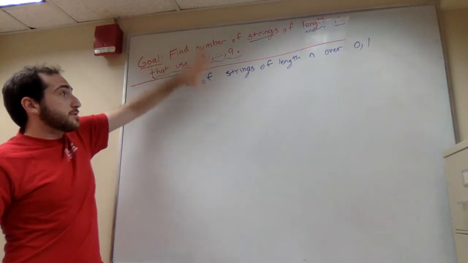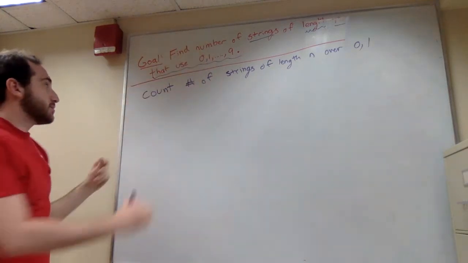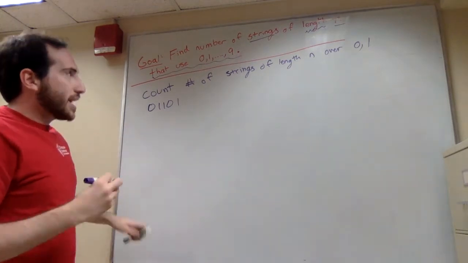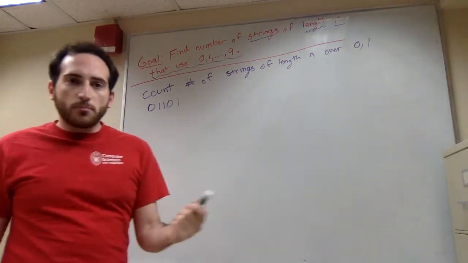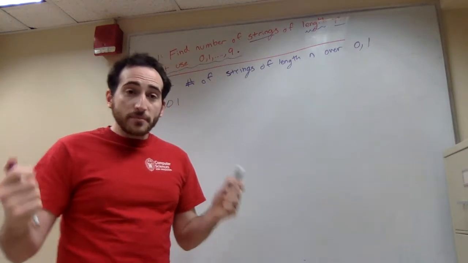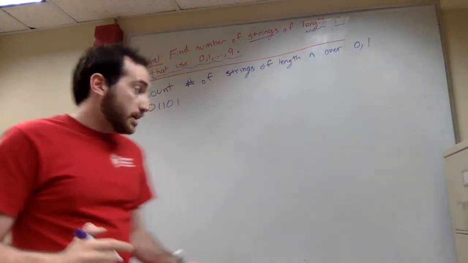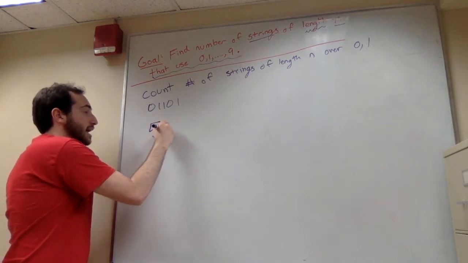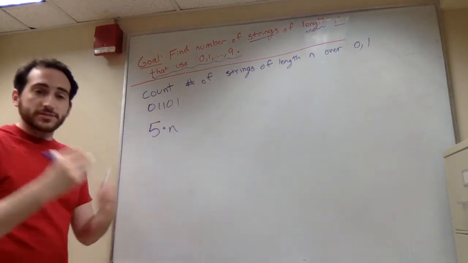Up here we did 0 through 9, now we're doing 0 through 1. So the only strings we can do involve 0 and 1. So when I say that I want to find the number for length n, that means I want a math formula. I want it to be like 5 times n, strings of length n.